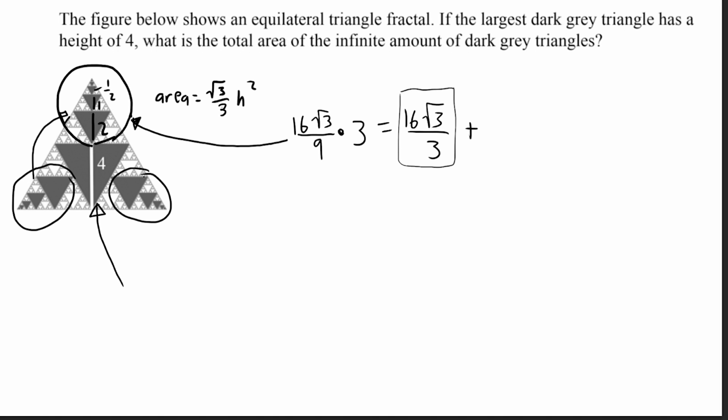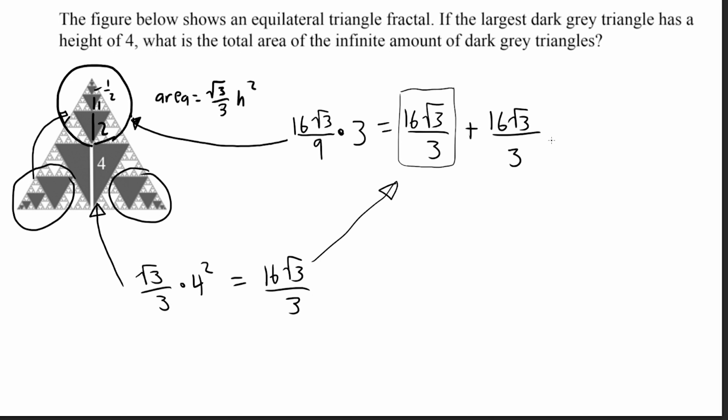And so the middle triangle is going to be √3/3 times 4 squared, which is going to be 16√3/3, which is pretty interesting. It's the same value. And so 16√3/3 plus 16√3/3 equals 32√3/3. And so that's the answer.